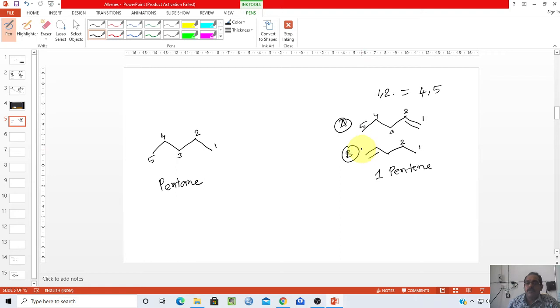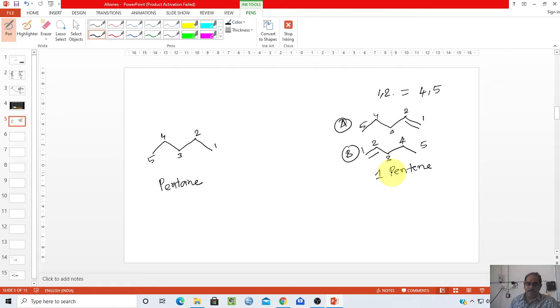You have to start from here: 1, 2, 3, 4, 5. This is the correct way of numbering. The numbering should start at the functional group. The functional group should get the lowest number. Therefore, it's also 1-pentene. Both are the same.